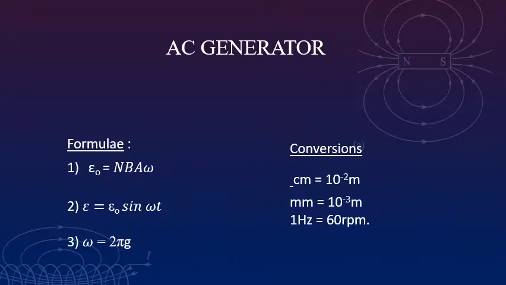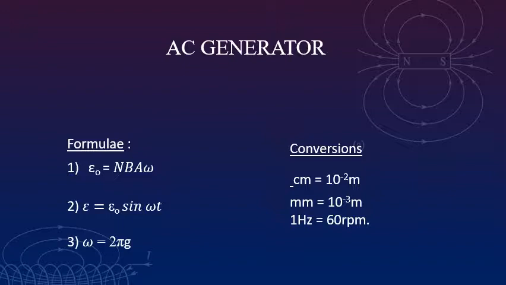As we already know, an AC generator is a device that converts mechanical energy into electrical energy. Here are some of the important formulas. Epsilon naught, which is the magnitude of the induced EMF or the peak of the EMF, is equal to NBA omega, where N is the number of turns in the coil, B is a magnetic field, A is the area of the coil, and omega is the angular frequency.